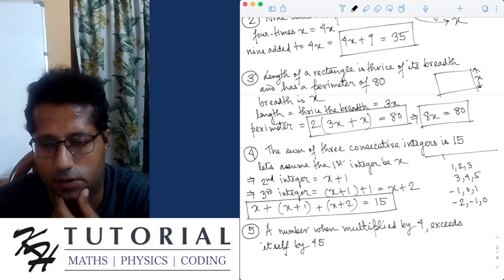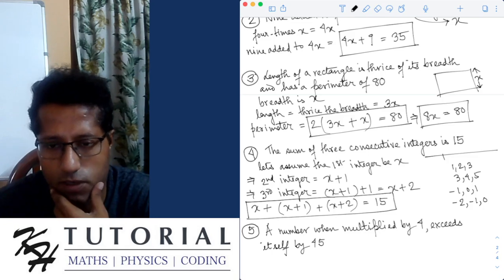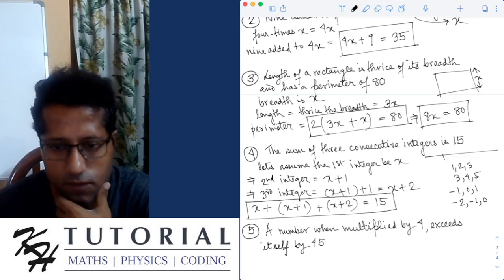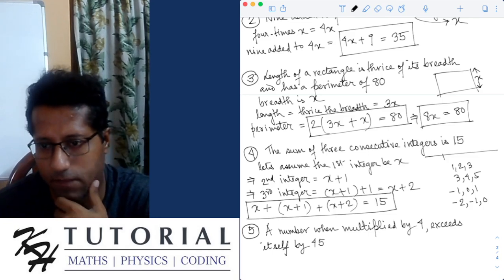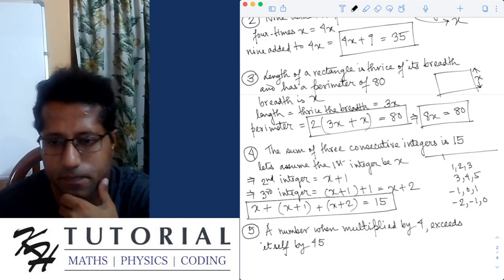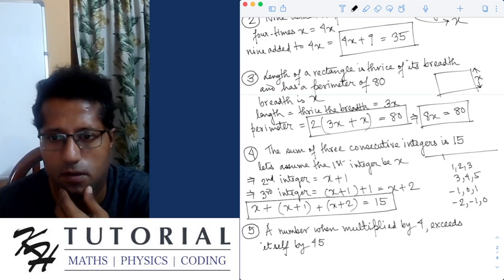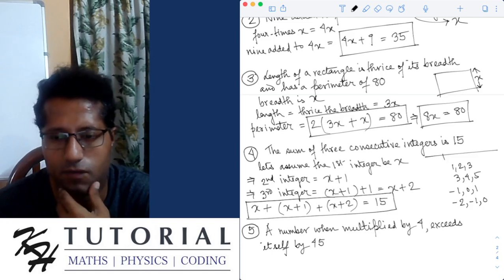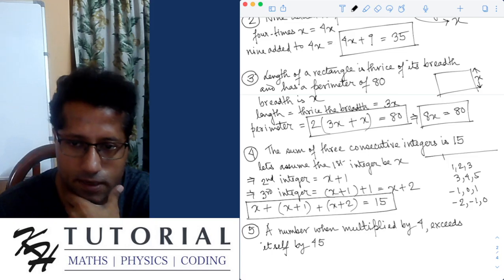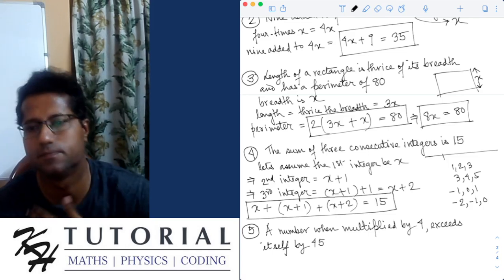If you consider the last one, the third one, as the unknown integer x, then the middle one will be x minus 1 and the first one will be x minus 2. So in terms of x, you will get all three consecutive integers, add them, and equate that sum to 15.